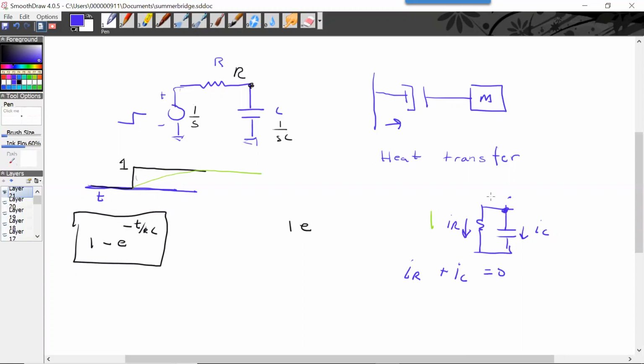And we'll give this a name. We'll just call it V1. So IR is just V1 divided by R. And this current is C dV1/dt, and the sum equals 0.